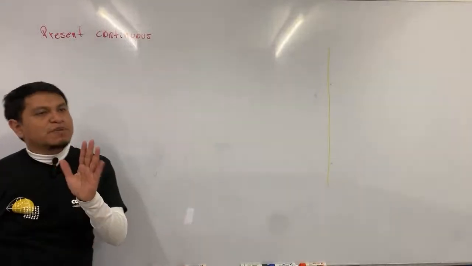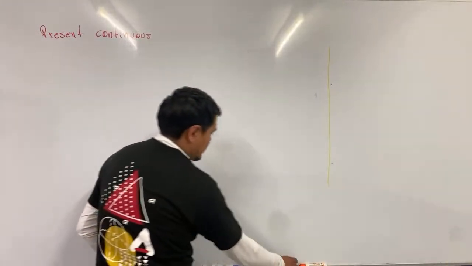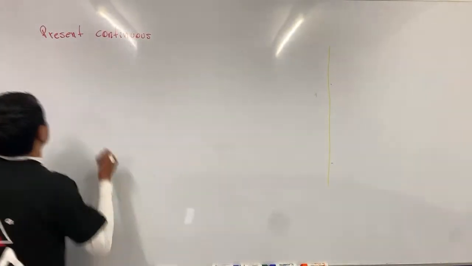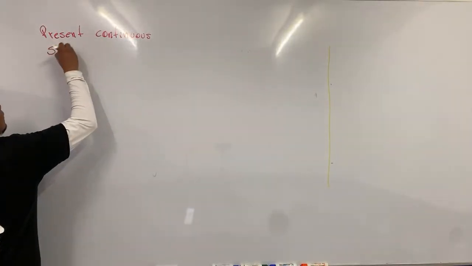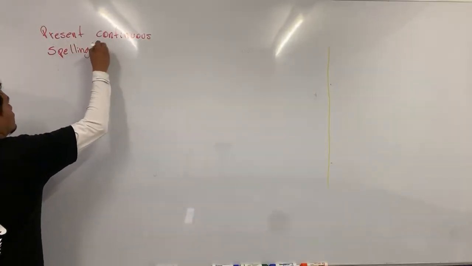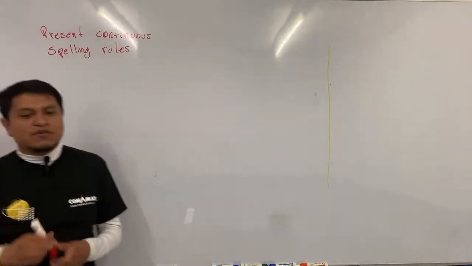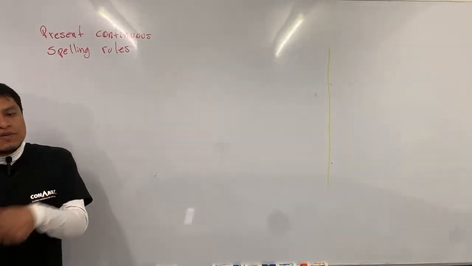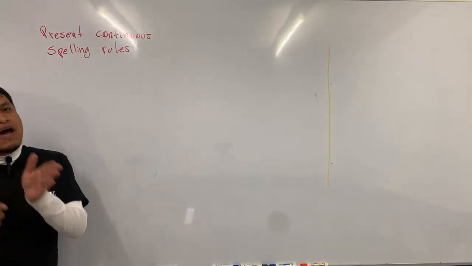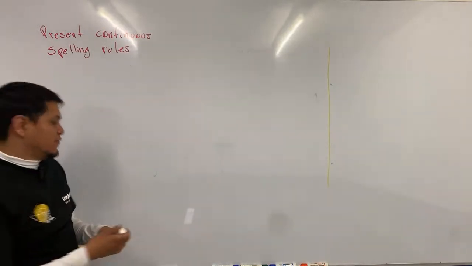Right. Please, spelling rules for verb to be. Spelling rules. Now, what is the spelling rules? With most of the verbs, we have to add just ing.